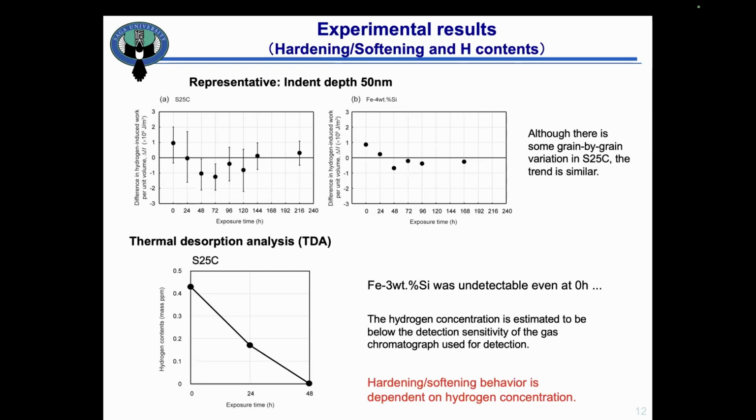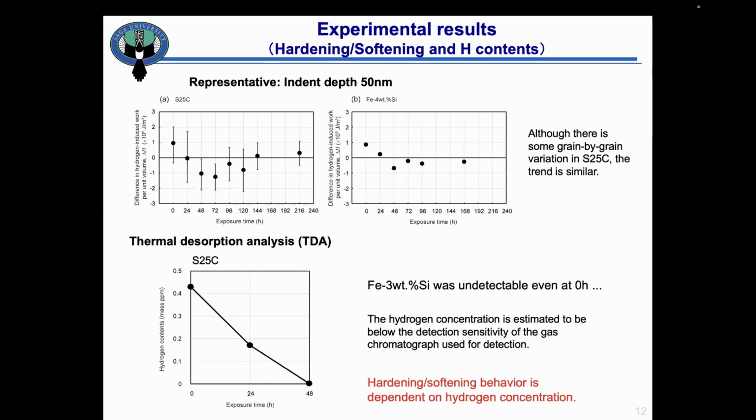And next, we performed the thermal desorption analysis. This is the S45C case immediately after the hydrogen charging. Hydrogen exists, and at 1 day of exposure it still exists, but at 2 days no hydrogen can be detected. But the hydrogen concentration is estimated to be below the detection sensitivity of the gas chromatograph used in this experiment.